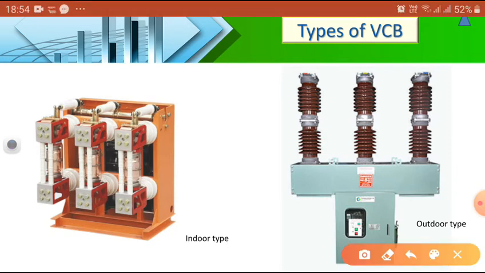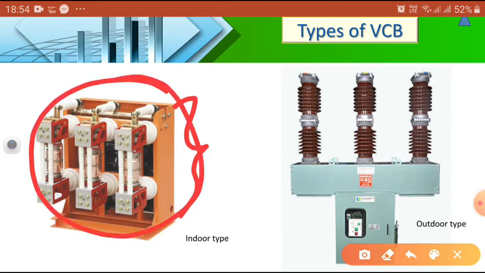This is a breaker used in industries, indoor type, where the voltage is less than 38 kV. We can use this type of breaker indoors, in industries and factories.